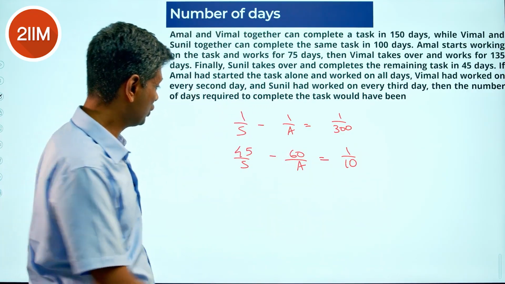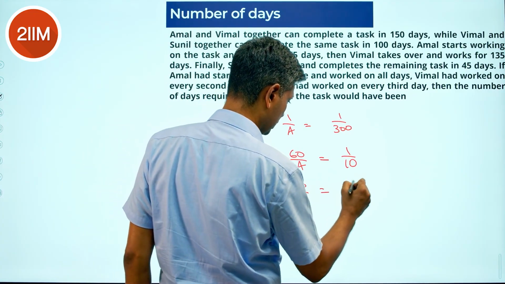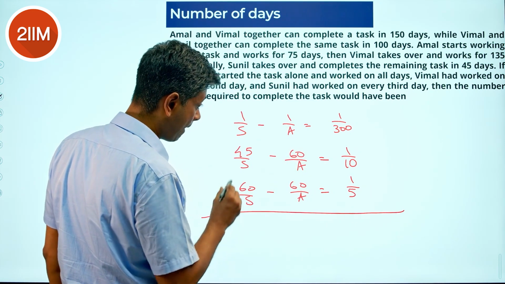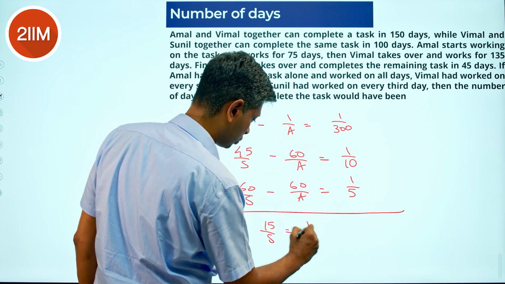Maybe we'll multiply this by 60. 60 by S minus 60 by A is 1 by 5. Subtract one from the other. 60 by S minus 45 by S, the A term goes away. 15 by S equals 1 by 10.